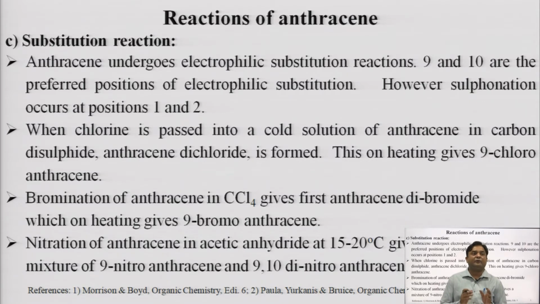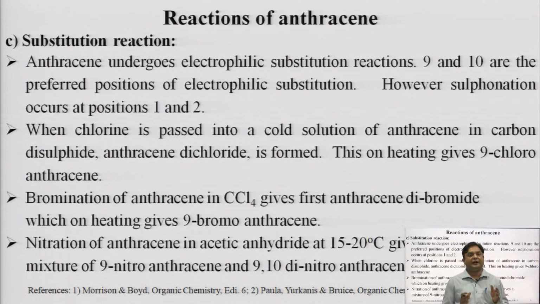When we are talking about halogenation, it can be done by chlorine as well as bromine. When chlorine is passed into a cold solution of anthracene in carbon disulfide, anthracene dichloride is formed. This on heating gives 9 chloroanthracene. Likewise, bromination can occur, but bromination occurs in carbon tetrachloride medium.